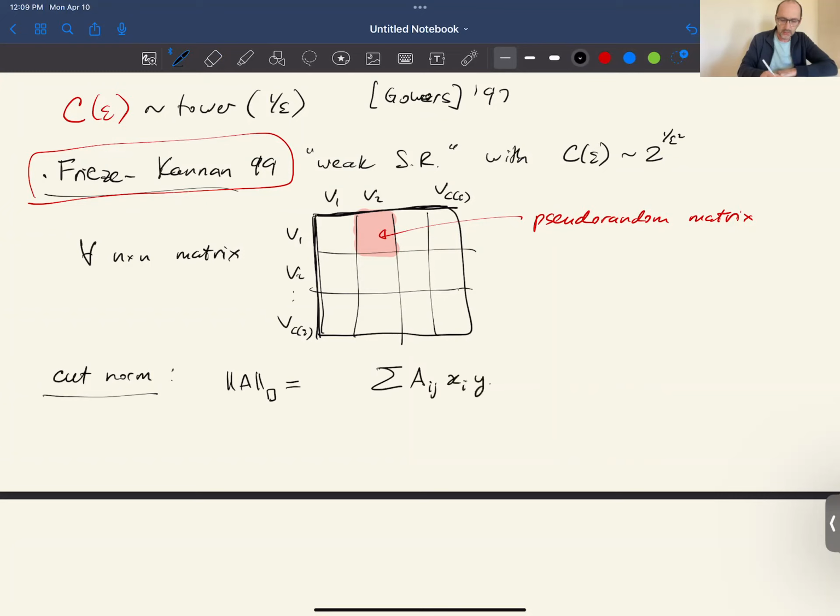You would take the quadratic form in the entries like this in A, and then you take the supremum of it, the maximum. In the operator norm, you take the maximum over all unit vectors, Euclidean unit vectors, x and y. And for the cut norm, you change that. You take the supremum with respect to 0, 1 vectors.